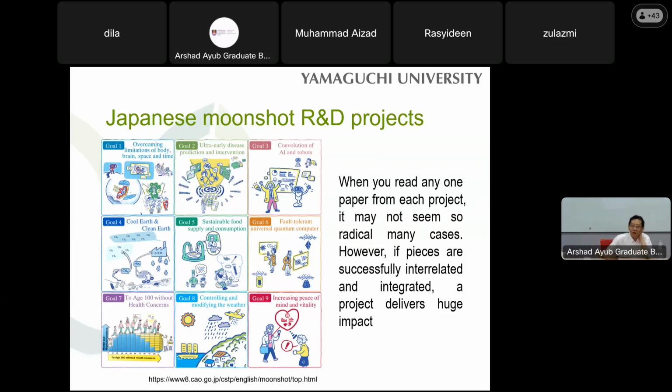And this is an example, I am introducing the Moonshot R&D project led by the Japanese government. Some may admire the goal of each Moonshot project.